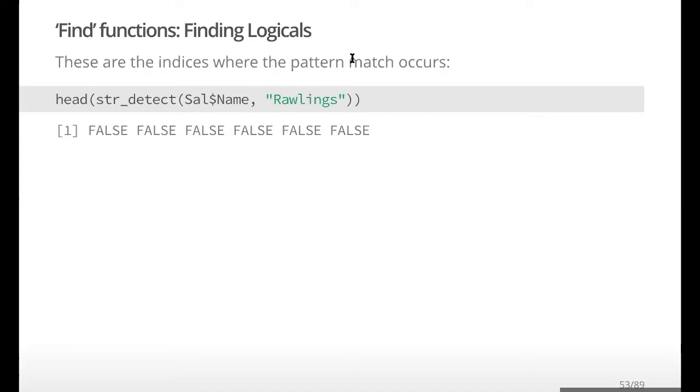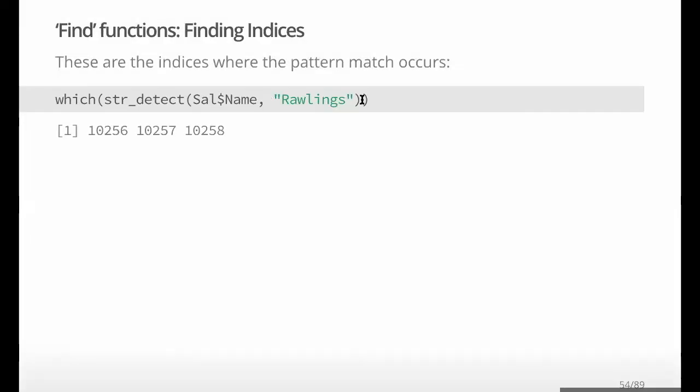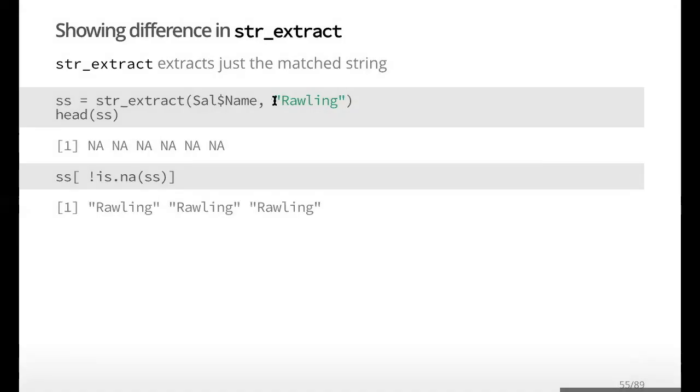Again, we're using the $ notation to get that out, and we're just using head to grab the first 6 elements. Because a str detect gives a logical vector, we can do which on that, and it tells us the row indices in which that element is true. So the 10256, 10257, 10258, those rows of the SAL data set actually found the word Rawlings in the name.